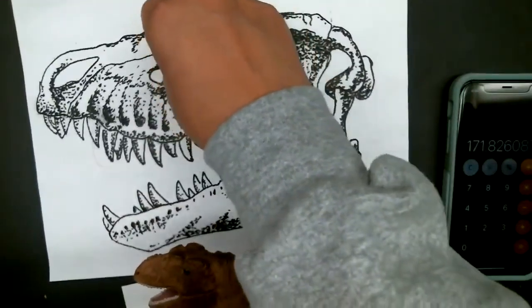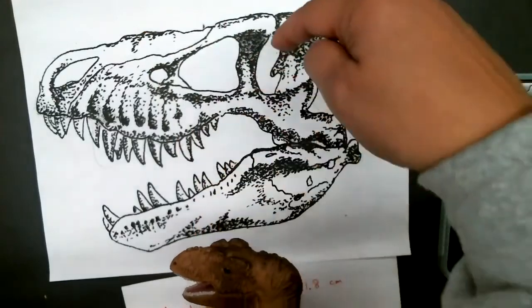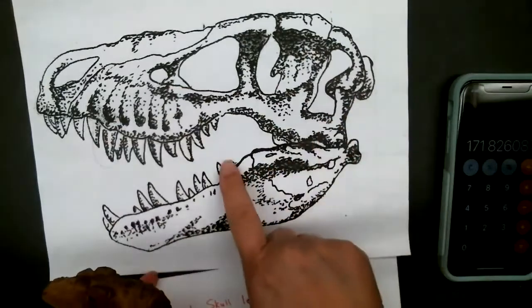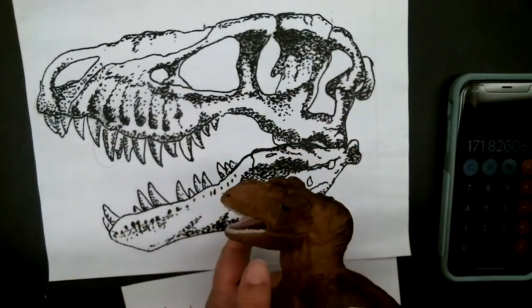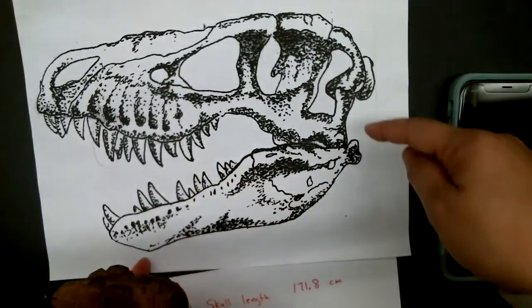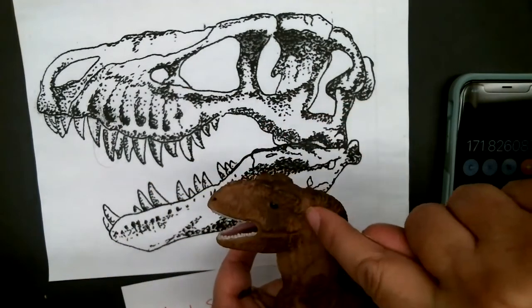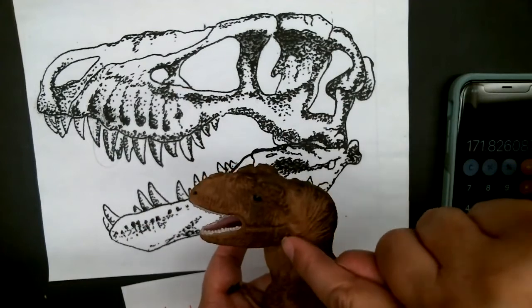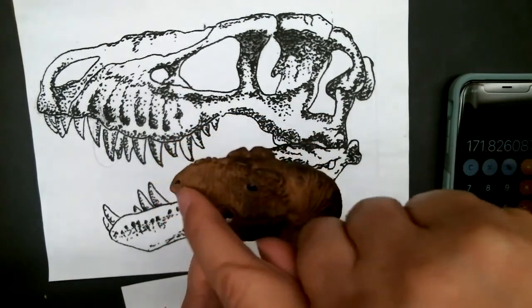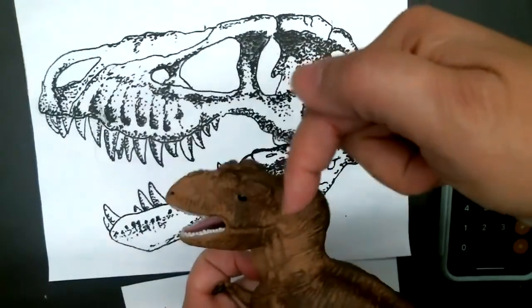This is like part of the nose bridge, and these little bumps up here, and the edge of the jaw right there. I think we probably want to go about here to measure this. I don't think we want to come all the way back here. So I'm going to measure from here to about here.